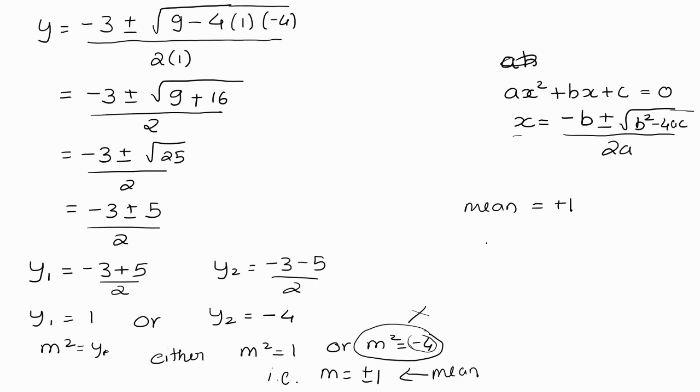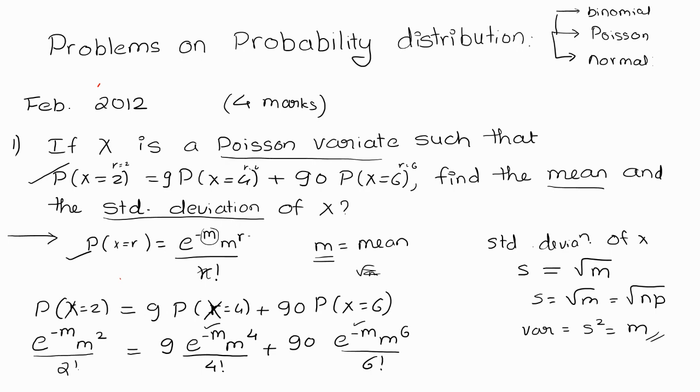Because further I need to find the standard deviation, that is the root of the mean, which is the positive root of 1, therefore it will be 1 itself. So finally I have got my mean to be 1 and standard deviation to be 1, which was the question. So this is the solution for this problem.